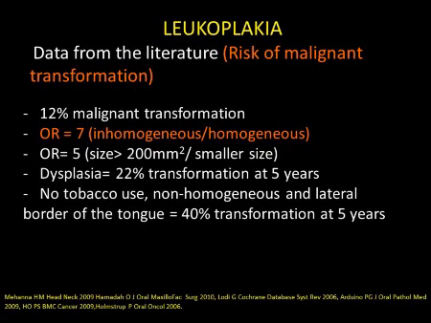Leukoplakias must be considered lesions with a potential for malignant transformation. This potential for malignant transformation is around 10%, knowing that the inhomogeneous forms are 7 times more likely to transform than the homogeneous forms, and that leukoplakias larger than 200 square millimeters are 5 times more likely to transform than smaller lesions.